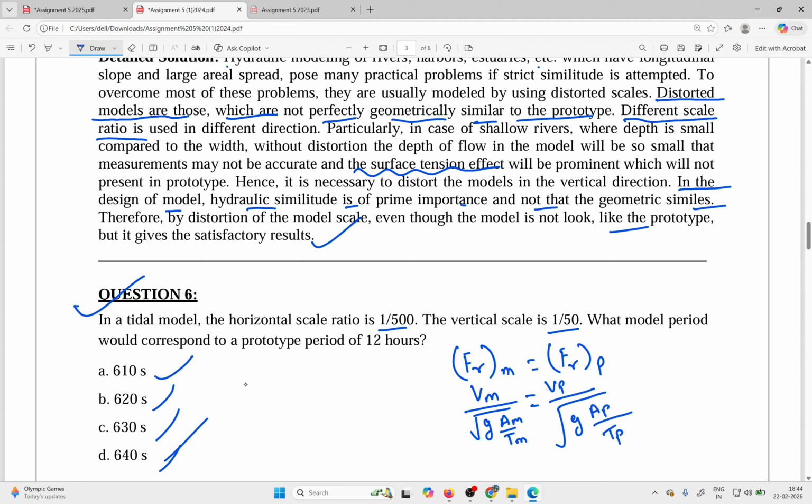Here the prototype time is 12 hours. You need to calculate Tm. The horizontal scale ratio is 1 is to 500, and the vertical scale is this.